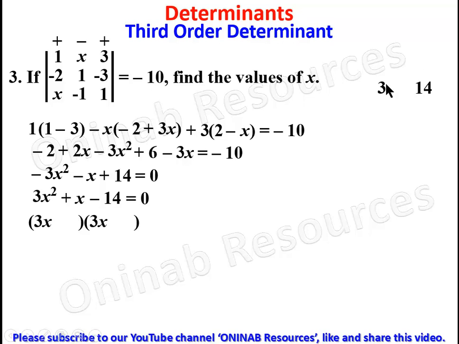So here I can say divide this 1 by 2 and multiply this by 2. 14 divided by 2 gives 7, and 3 times 2 gives 6. So in the process of getting the factors, I'm doing that.